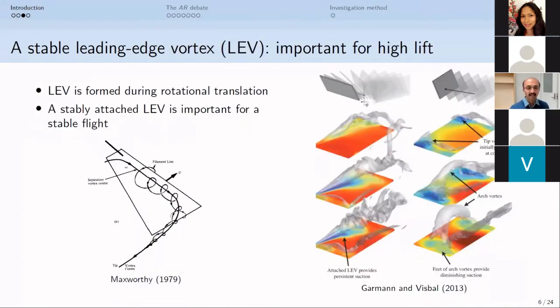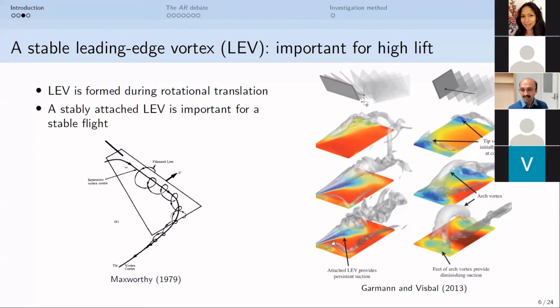Now, briefly talking about the lift generation mechanism here. It has been widely accepted that a stable leading edge vortex formed on a wing is important for stable lift. The leading edge vortex is formed by the flow separating at the leading edge of the wing, curving behind, and forming a vortex.